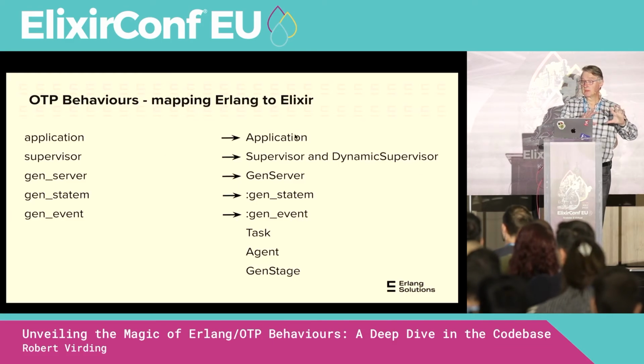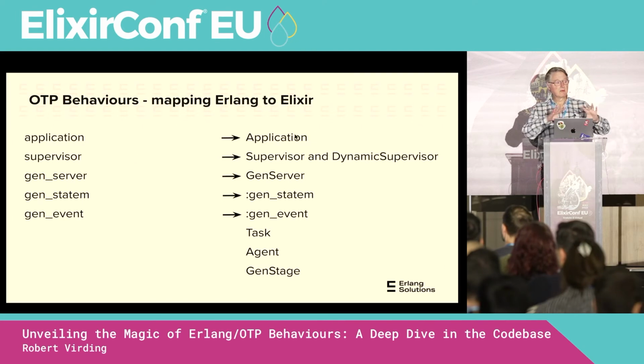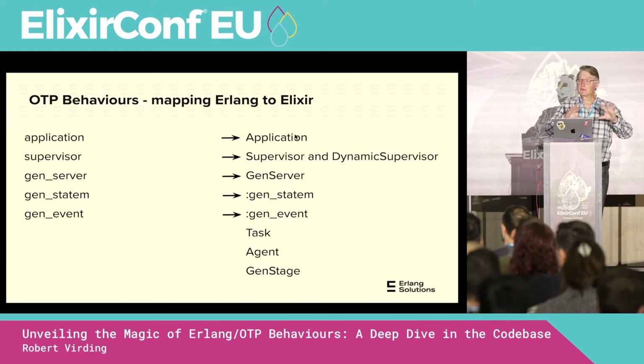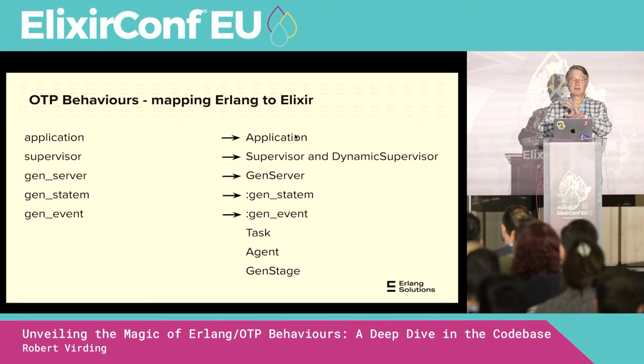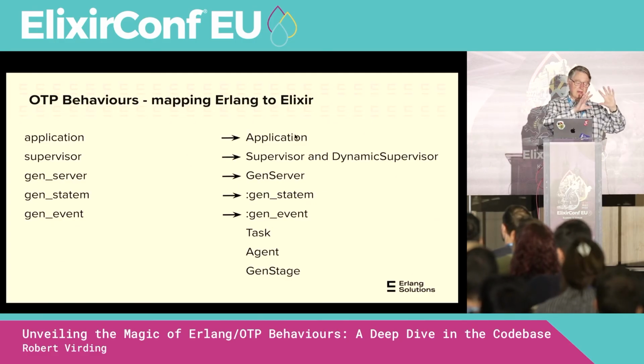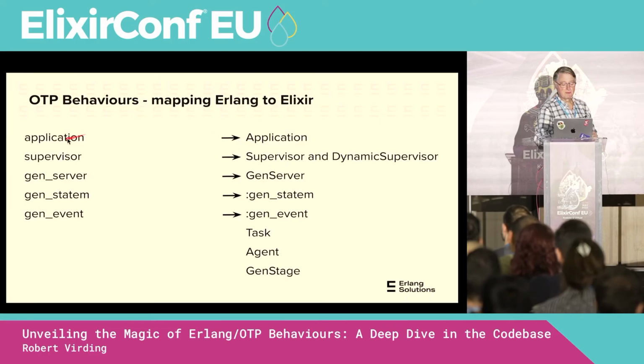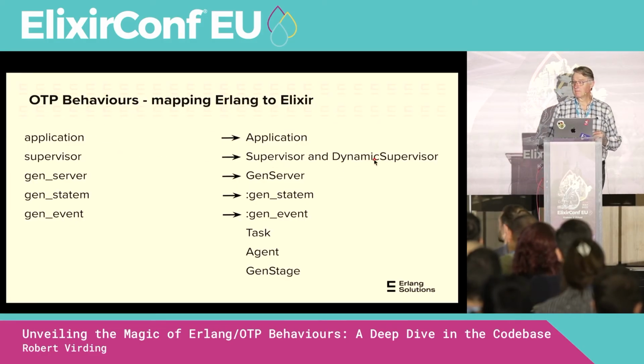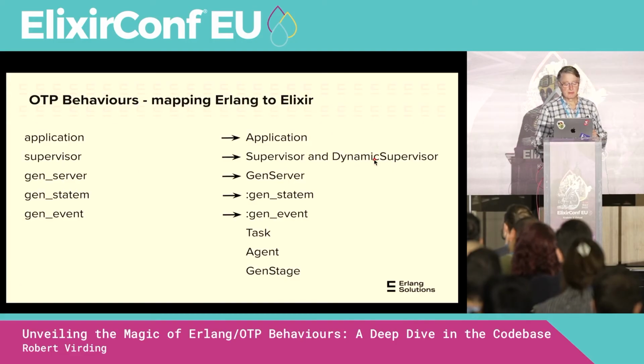It typically does things by, for example, changing the order of arguments. Because Elixir has a nice way of doing arguments, and Erlang process functions have another way, so we want to map these things over. And the same thing with the supervisor, that can go to the Supervisor and the DynamicSupervisor, depending on what you want to do here.